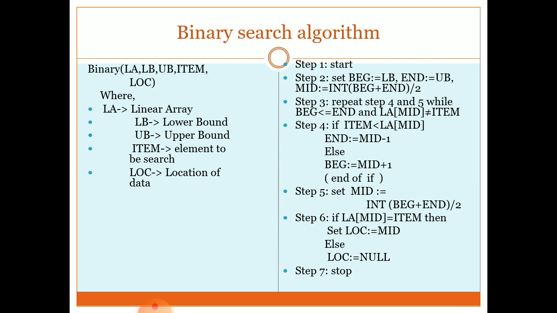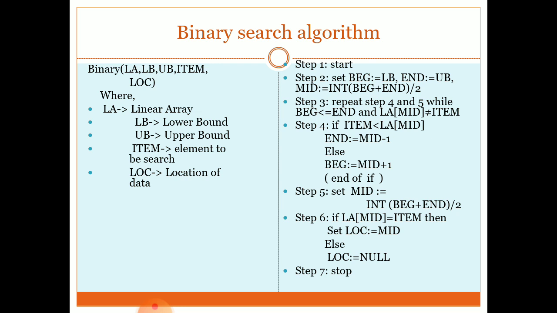Now step 3. In step 3 we will write how many times you want to perform the actual algorithm. So here I am writing repeat steps 4 and 5. That is my next 2 steps. Until when? While beginning is less than or equal to end. That is, we keep checking until I have only one last element left, where the beginning position and the end position are the same.